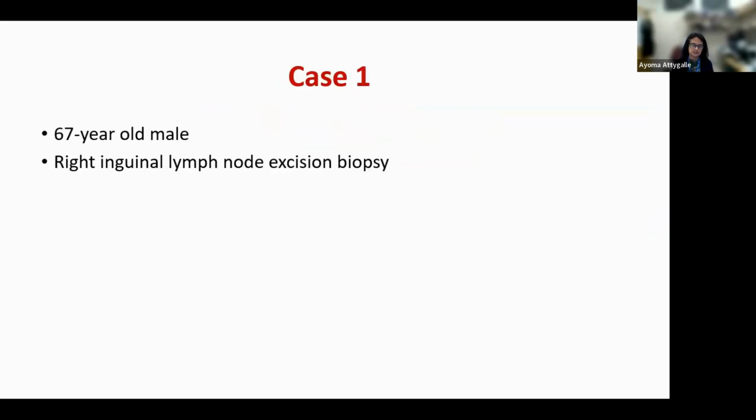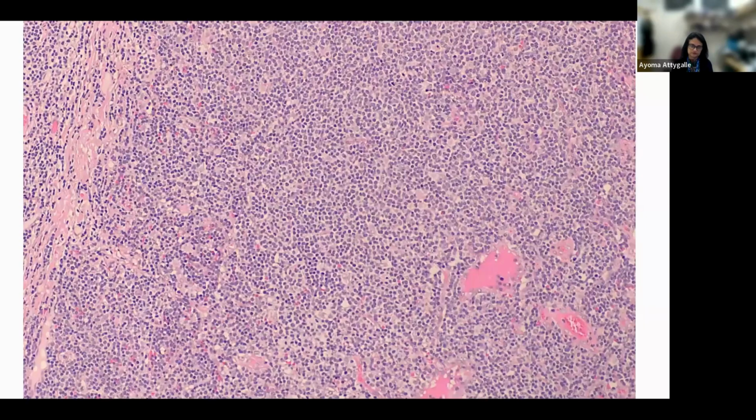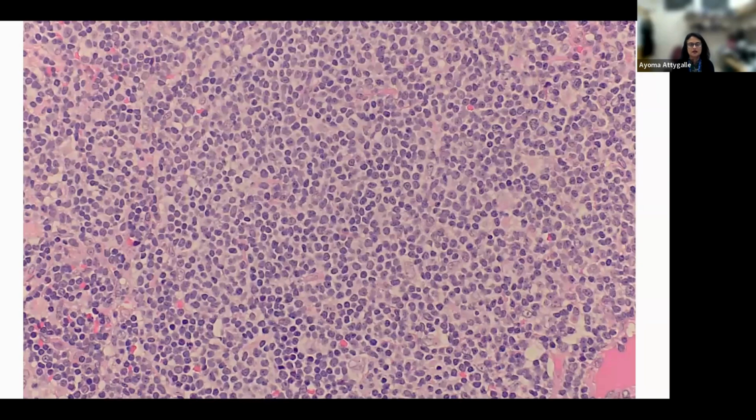So this is the first case, a 67-year-old male, right inguinal lymph node excision biopsy. So at this PAR, which is a low PAR, you can see that there is effacement of architecture, you can see in this slide, by a diffuse infiltrate of fairly uniform small lymphoid cells.